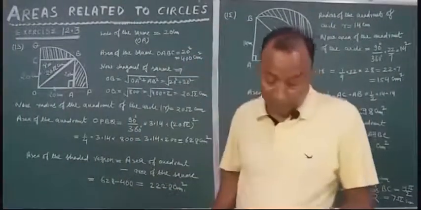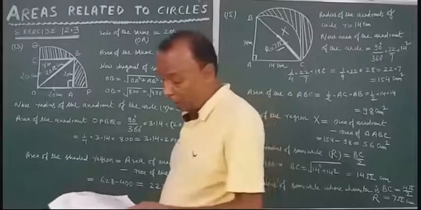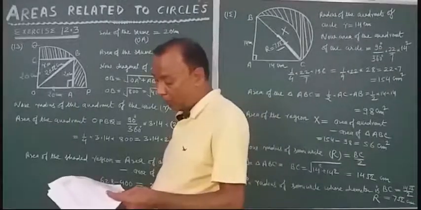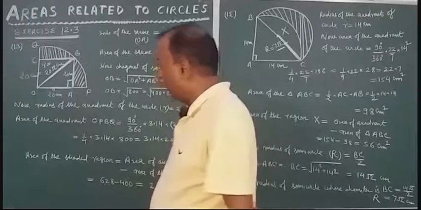Now this is question number 13. In the figure, square OABC is inscribed in a quadrant OPBQ.